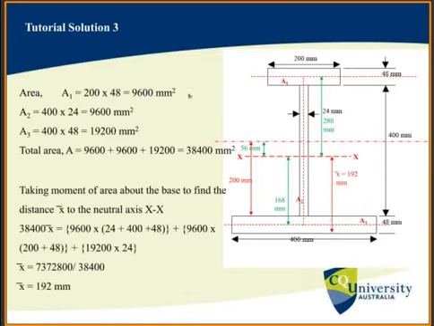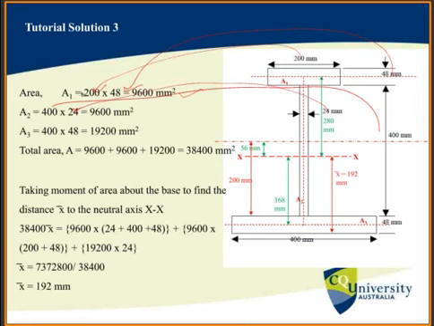Just look at this equation. A1: 200 and 48. A2 will be 400 and this 24. And similarly A3: 400 and 48.